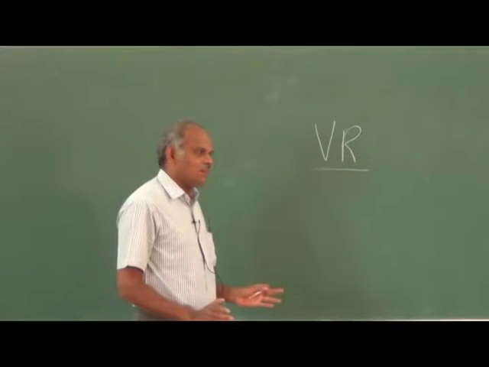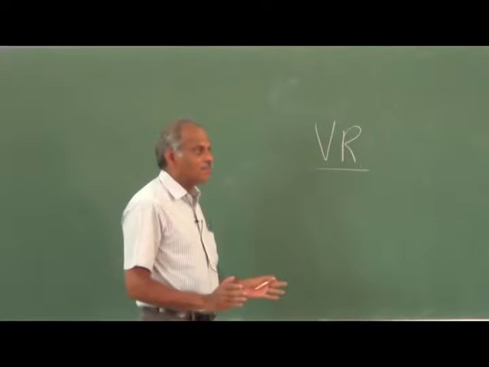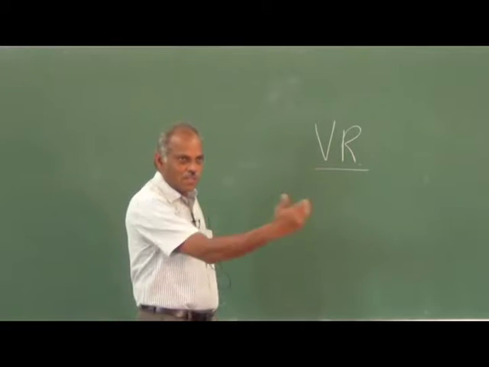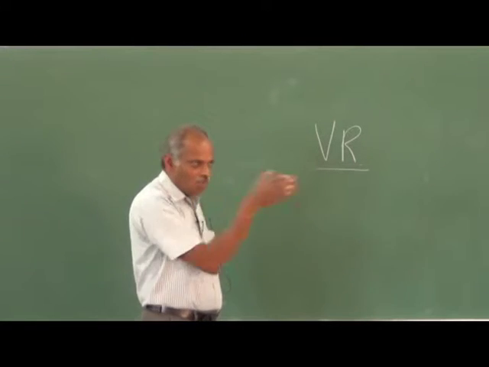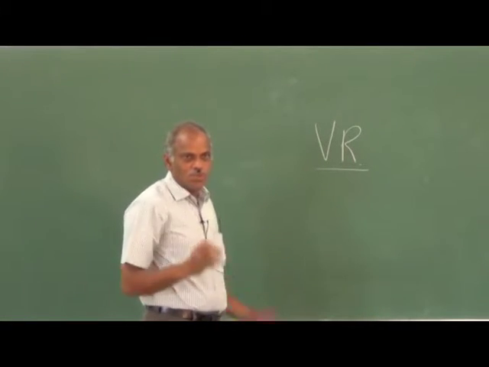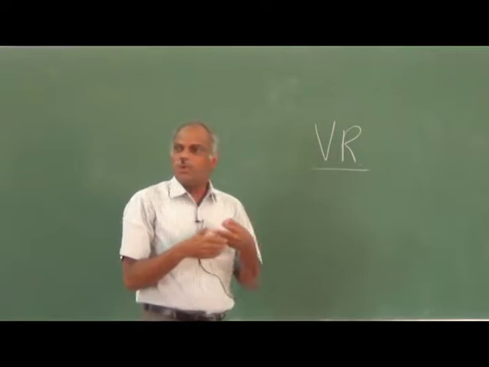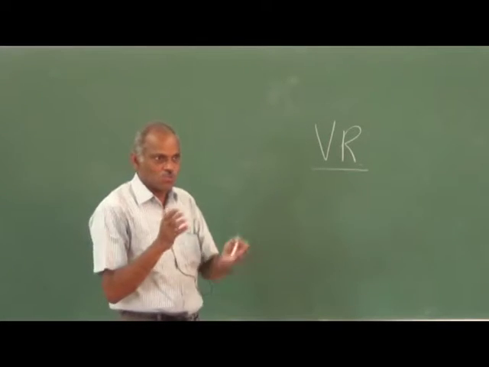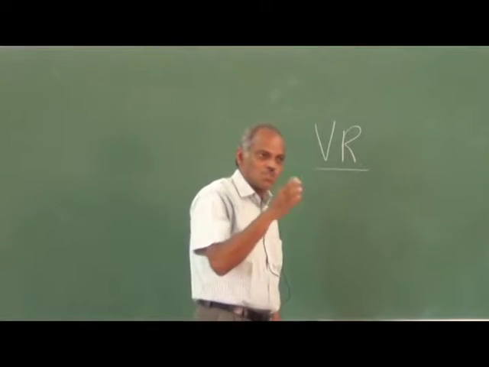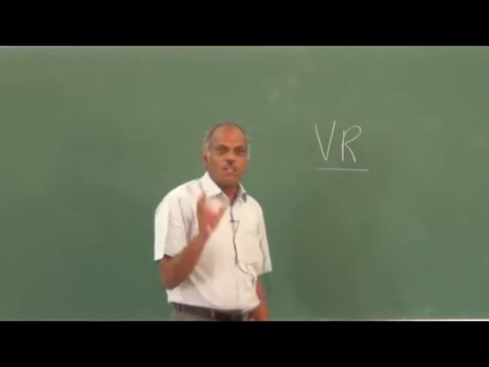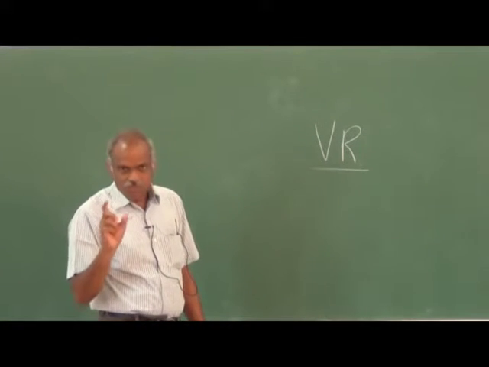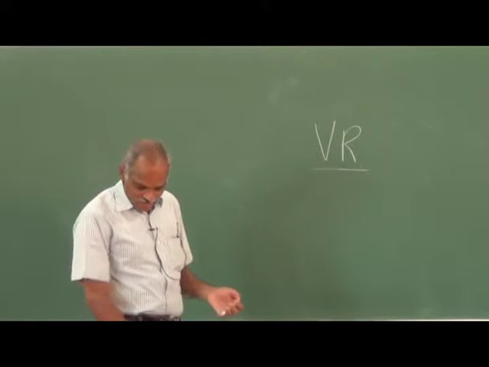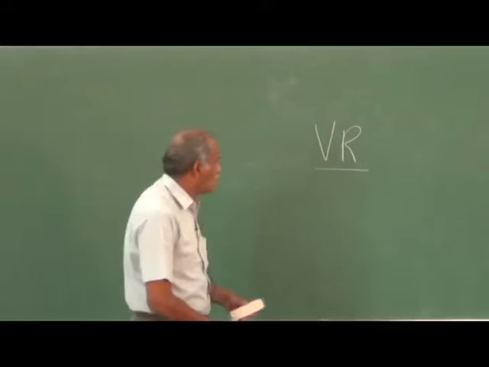Then if I change my head to view this way, earlier I would have taken a picture of what is seen at this angle. This is the door, so it will show the door. If I keep turning my head like this, I will see different views, which you are supposed to see in reality. For that you need to measure the angular orientations. There again the gyroscope comes into the picture.